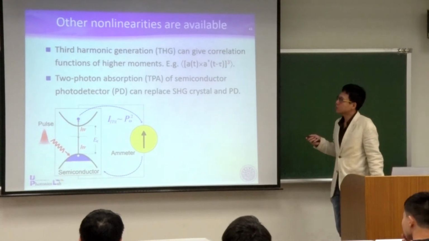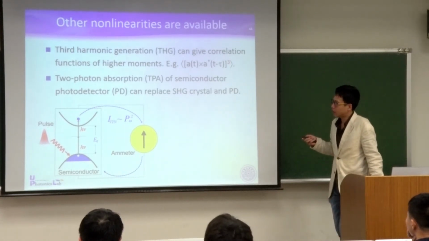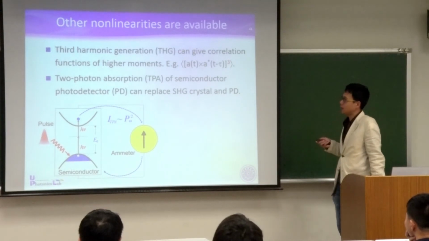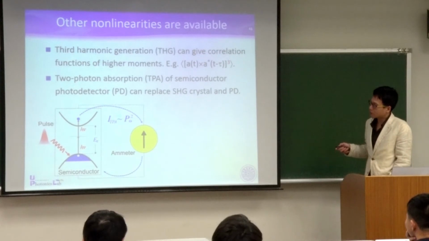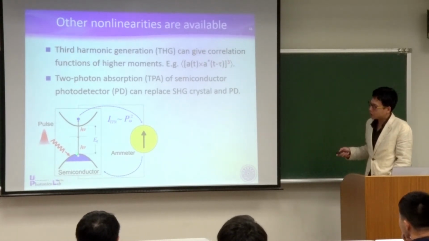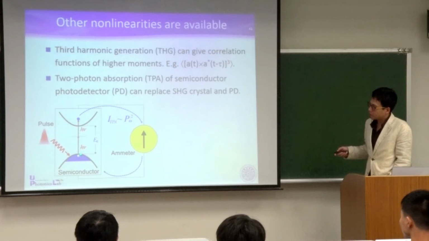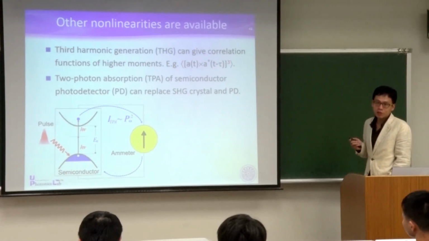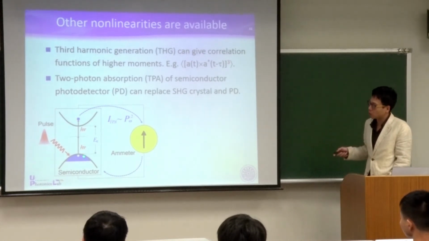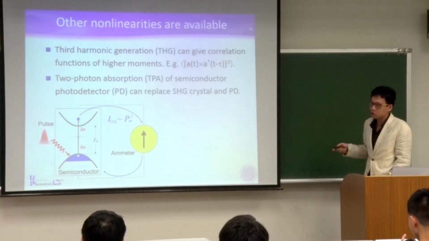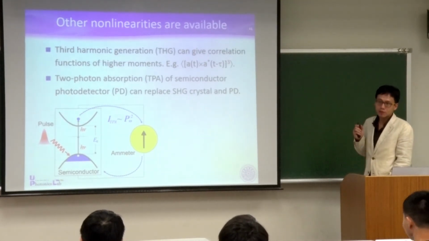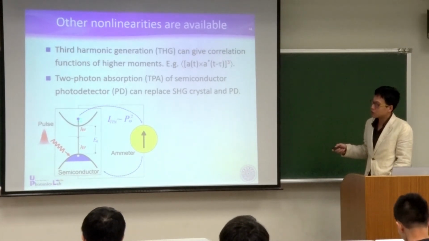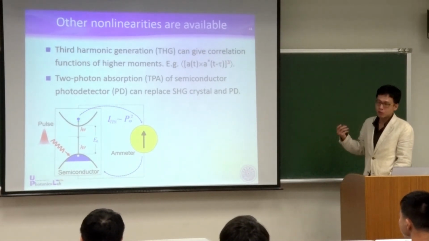Or you can use another nonlinearity named two-photon absorption, or TPA, of semiconductor photodetectors, just like this figure. Okay, this is the energy diagram. The band gap is too large for single photon absorption, so h times nu is not sufficient for the transition from the valence band to the conduction band. But if you can combine two photons simultaneously, 2h nu is big enough to make this transition.